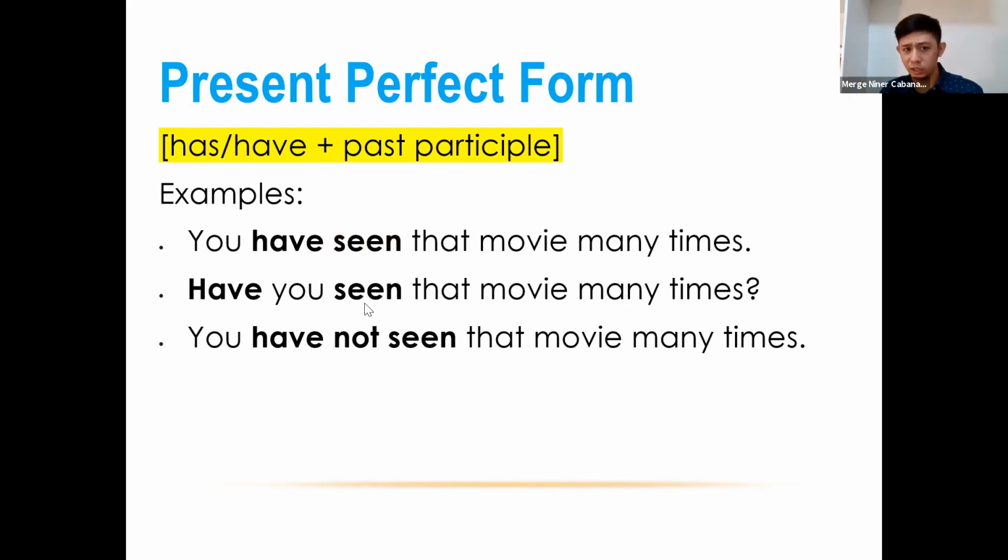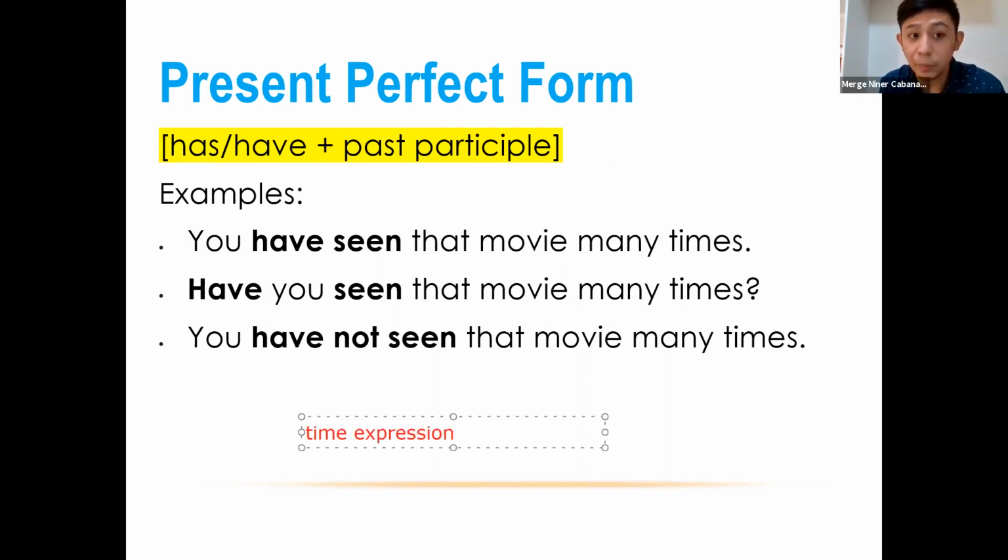Well, as I have mentioned, we use the present perfect form to talk about the past. But there's a difference between the present perfect form and the simple past form. And this difference is the time expression. Okay, remember, the present perfect form must not have a time expression.